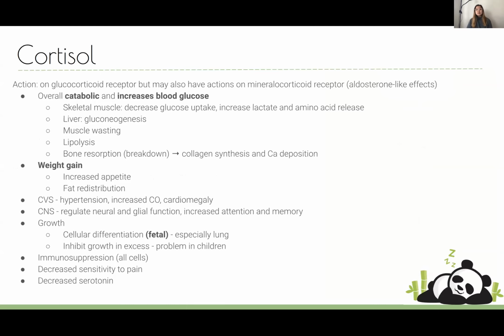Overall, it's pretty catabolic, so it's going to cause your body to break down: things like muscle wasting, lipolysis, and your skeletal muscle also breaks down a little bit. It'll increase your blood glucose, but at the same time you gain fat, because the fat from lipolysis is redistributed to other areas of your body. And you also get an increased appetite.